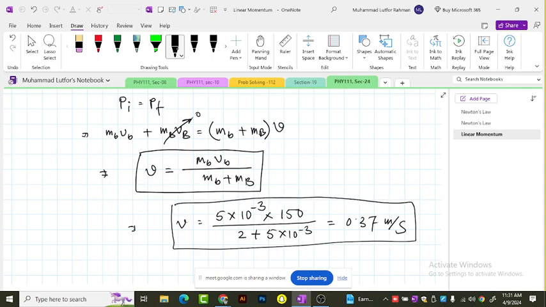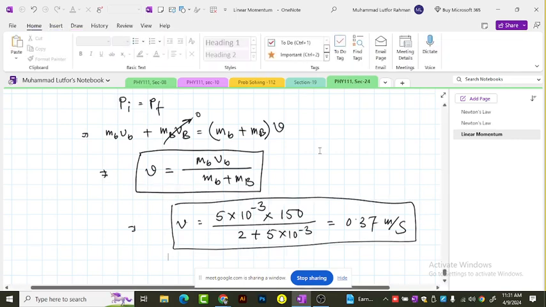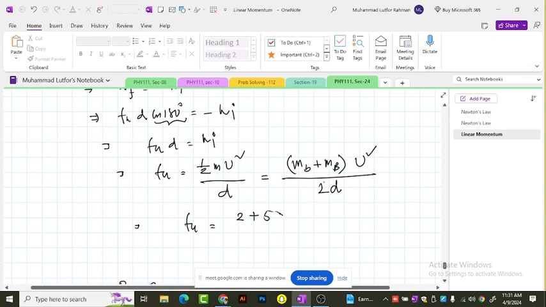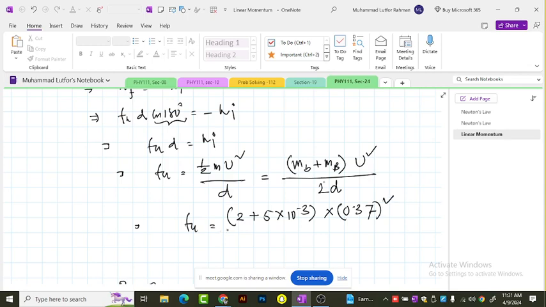Due to that velocity, it will travel that distance, which is actually 270 centimeter. Now if you plug in those values over here, the frictional force acting on it would be 2 plus 5 into 10 to the minus 3, the combined mass, into the velocity 0.37 square, divided by 270 centimeter, which is 2 into 2.7 meter.